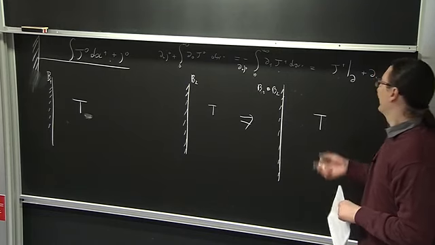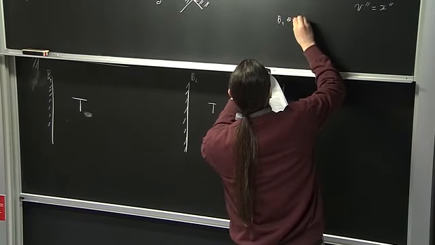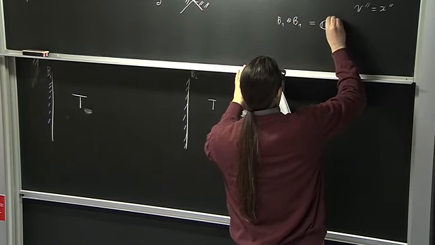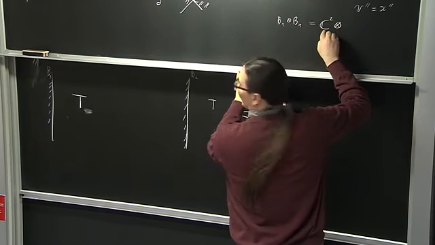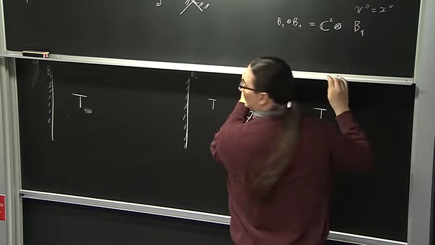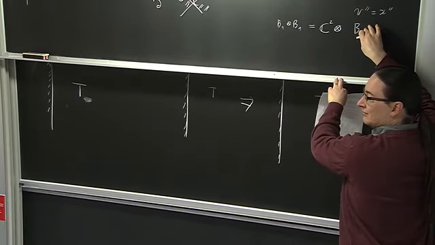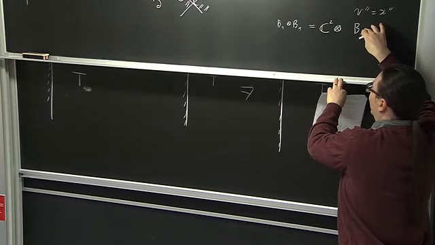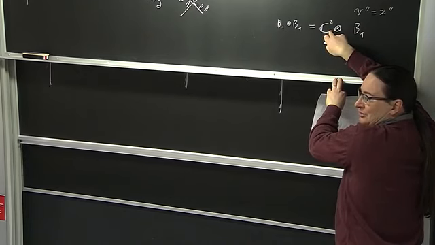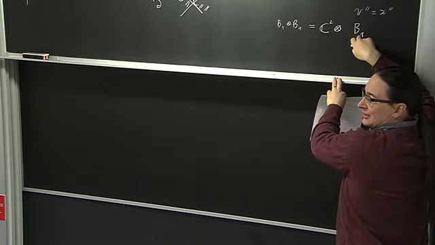So B1 plus B1 can be thought of as a tensor product of a two-dimensional vector space, C2, and B1 itself. Your bulk fields only see B1. Your boundary local operators are 2 by 2 matrices acting on C2, combined with local operators of B1.